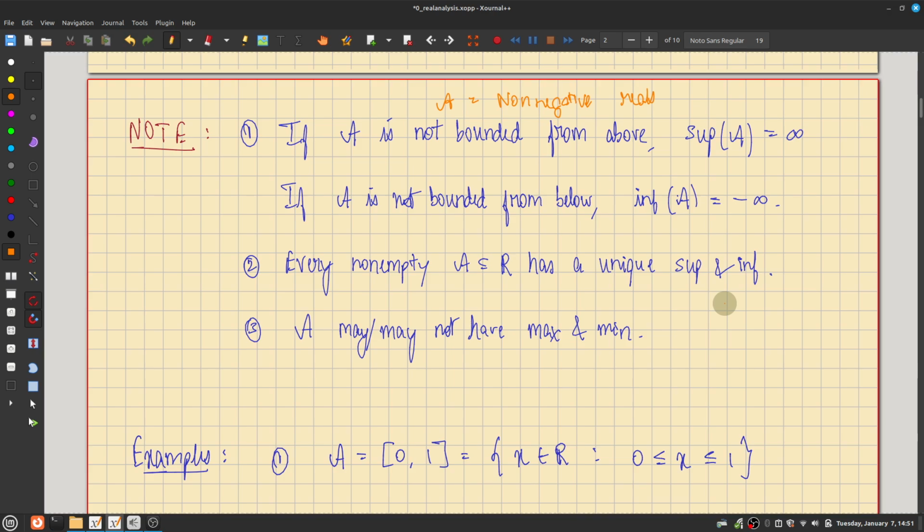It doesn't matter which set you take. You can devise the most complicated subset of R. The set will always have a unique supremum and a unique infimum. So these are facts that we will use as they are. Every set has a supremum, every set has an infimum. It may or may not have a maximum and a minimum.